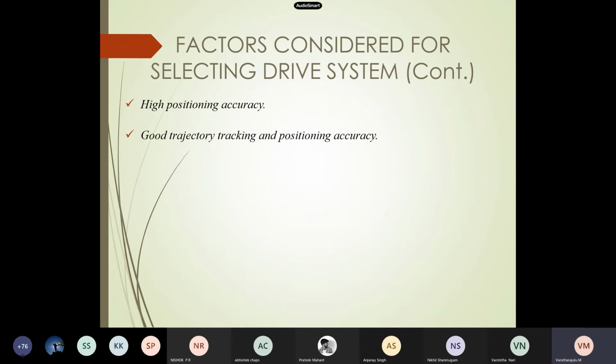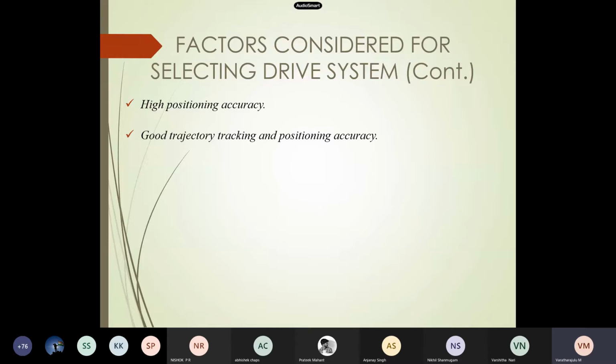We may have a point to place the component, but if it is not appropriately placed, it is very hard to perform the subsequent task. Hence, the positioning accuracy should be very precise. For that, we need to choose the appropriate drive system, with good trajectory tracking and positioning.